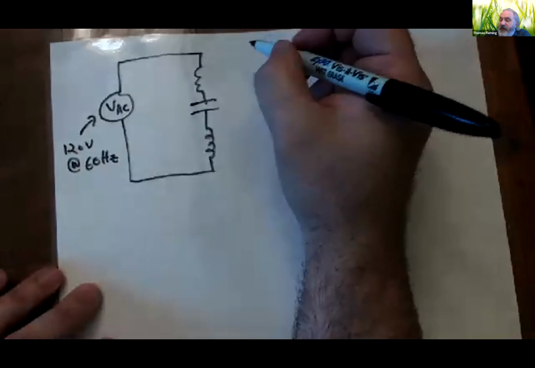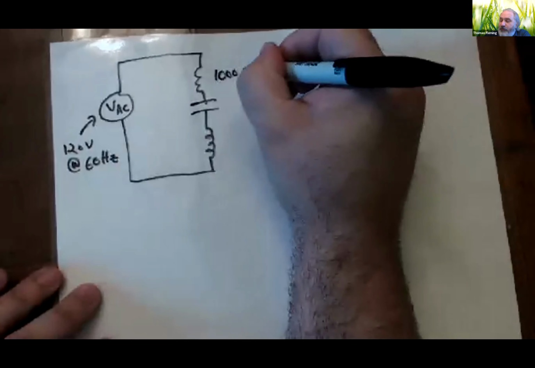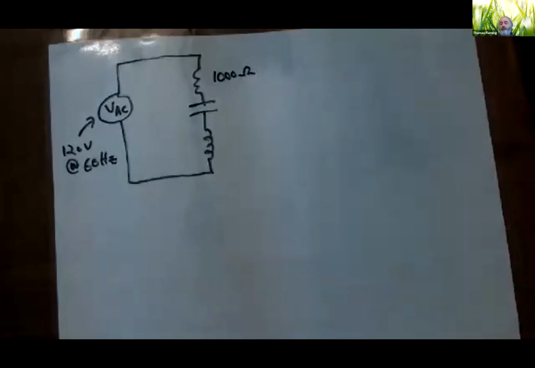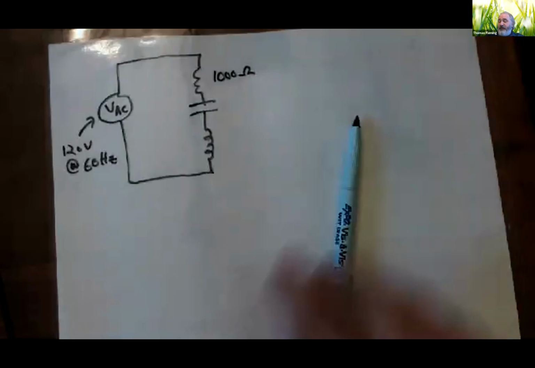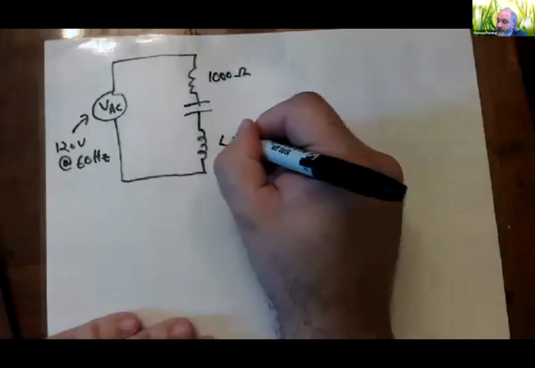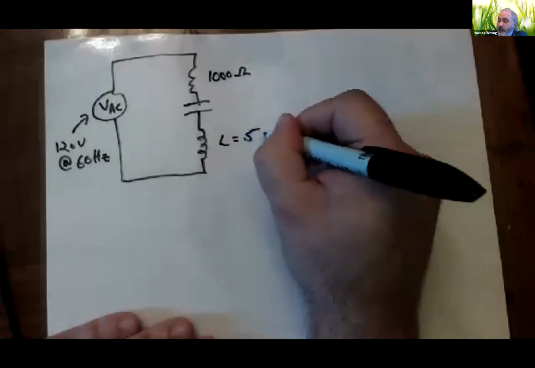And let's say that this resistor is 1,000 ohms, and let's imagine this inductor is, I don't know, something like 5 henries.